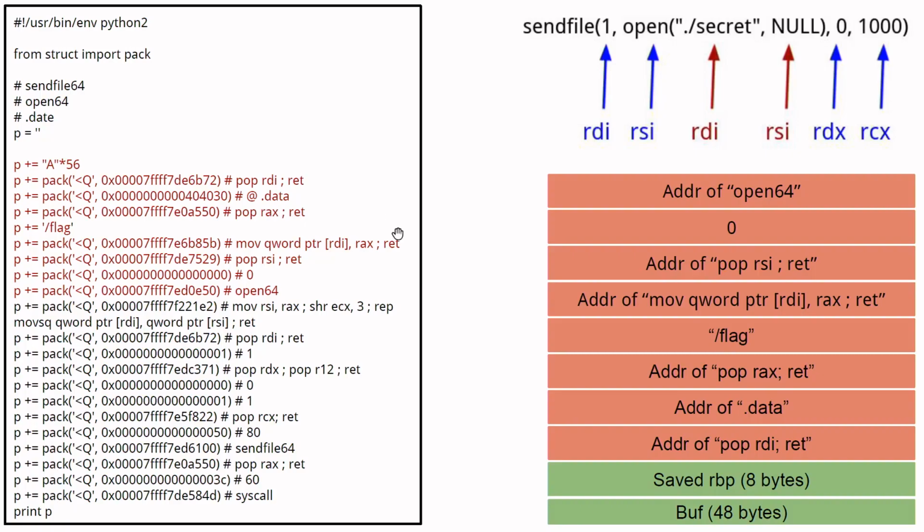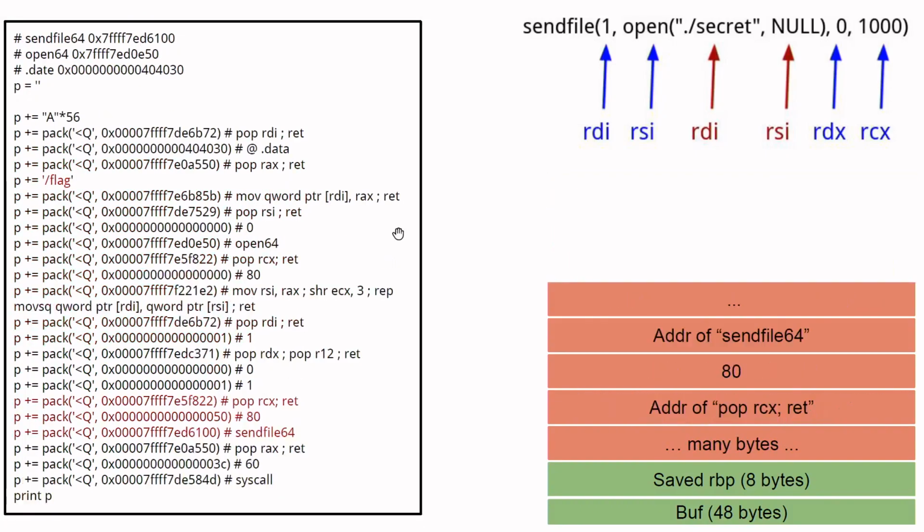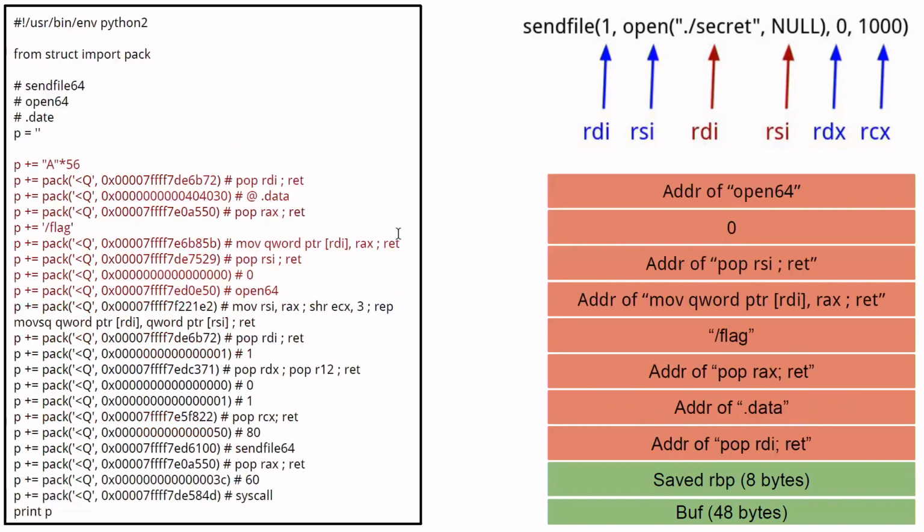Something is wrong here. I think this is my older version of the exploit. Let me see. So this looks like an older version of the exploit, because in the older version I needed the memory to do that. But in the new version, I think I don't need the memory anymore.